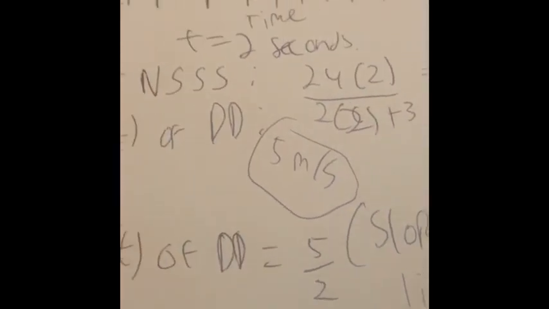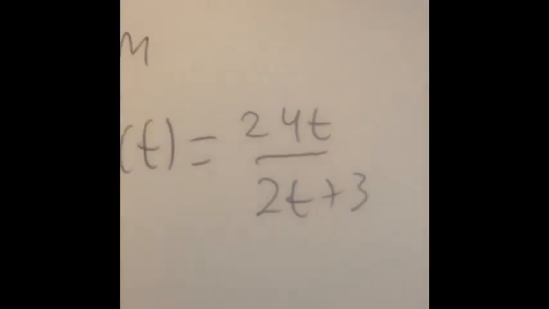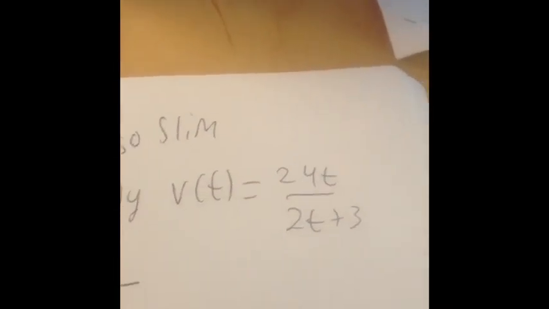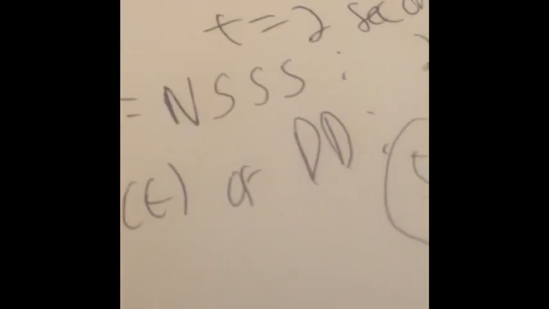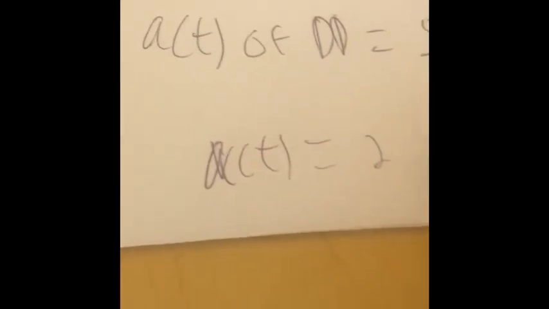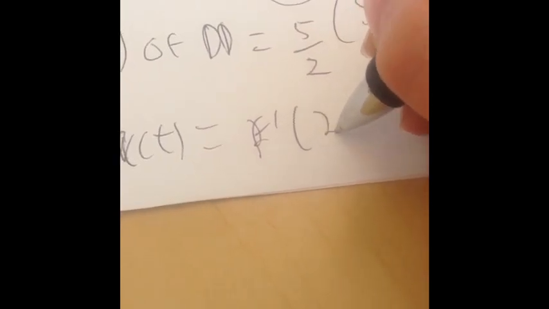And then, in order to find the acceleration of Not So Slim Shady, you take the derivative of 24t over 2t plus 3. Now, since we already went over that, we won't go through the process of solving a derivative again. But A of t equals the f prime of 24t over 2t plus 3.